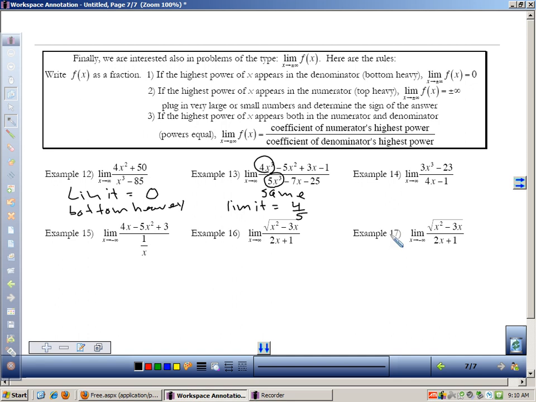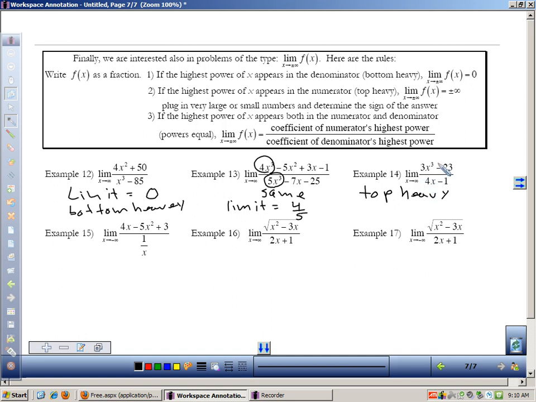Number 14, highest power in the numerator or denominator? Numerator. So this is what they call top heavy. So this tells us that the limit is going to be plus or minus infinity. As x approaches infinity, we're going to plug in a really big number for x.